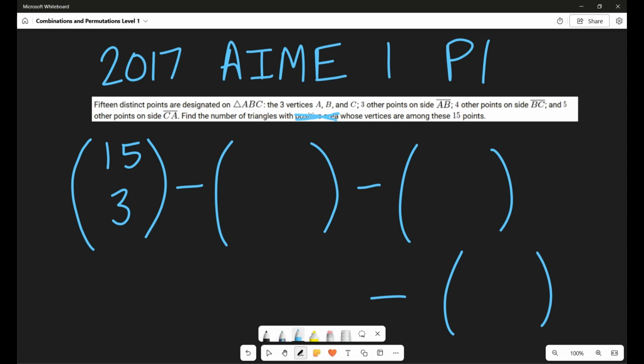Now let's start with side AB. Other than points A and B, we have 3 points, so a total of 5 points, and choosing 3 of them gives 5 choose 3 triangles with an area of 0. Now the same thing on BC similarly gives 6 choose 3, and CA similarly gives 7 choose 3.